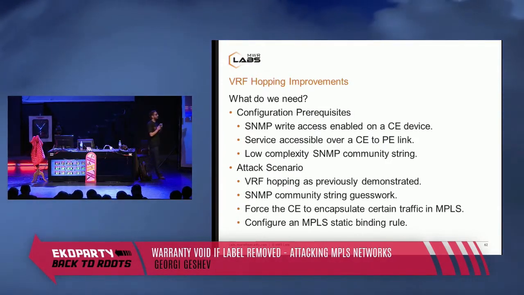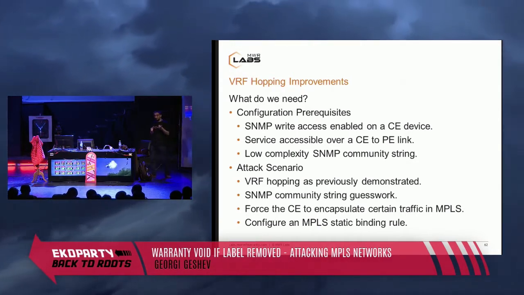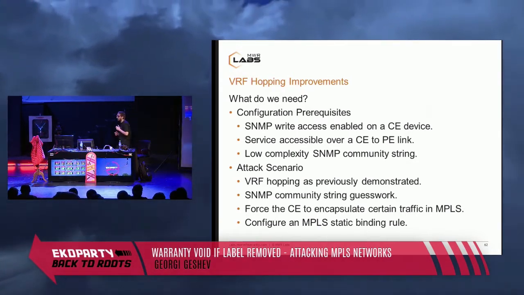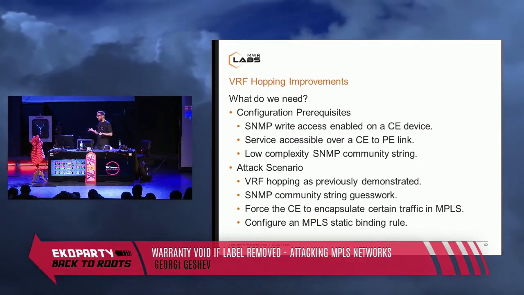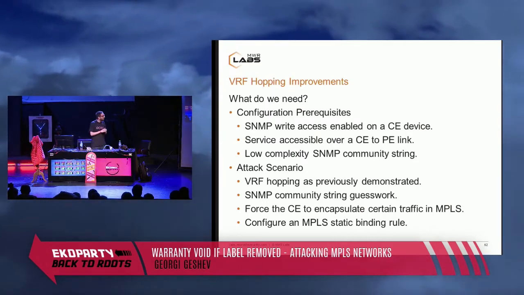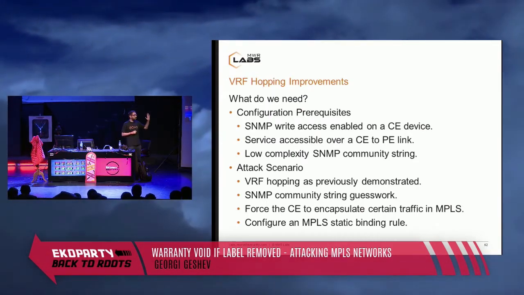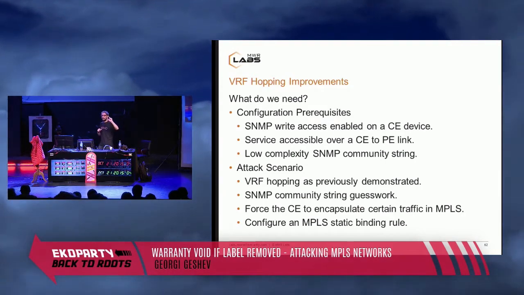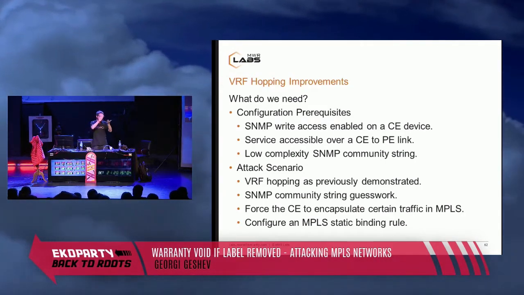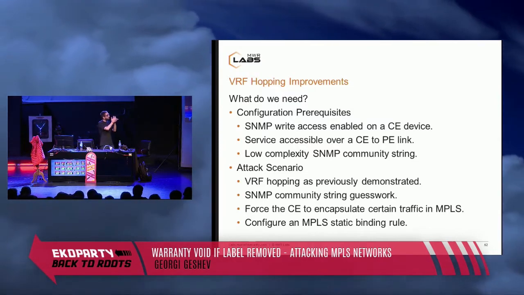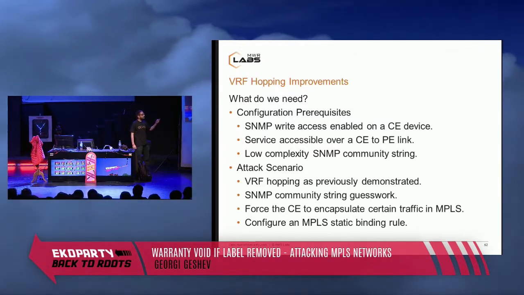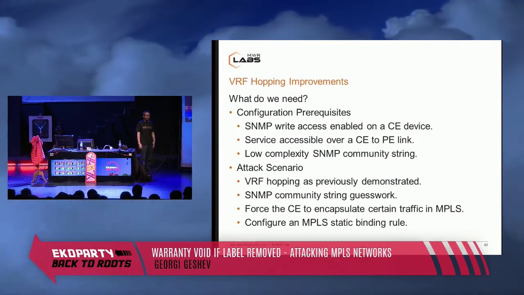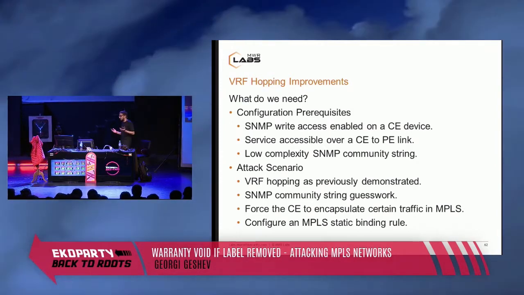We need to have SNMP write access enabled on a CE device, something that, again, happens. We need this service to be accessible on a CE to P link, basically on a provider-facing interface. And of course, we need some low complexity SNMP community string or some really smart guesswork.